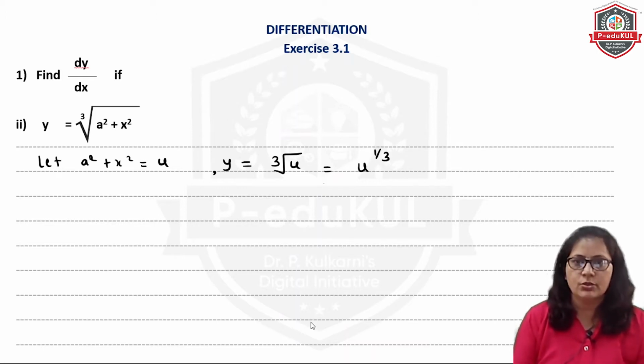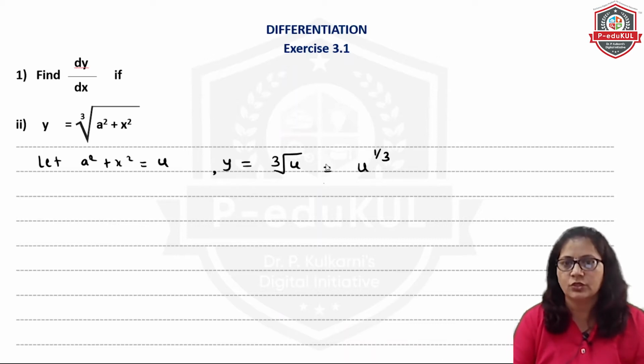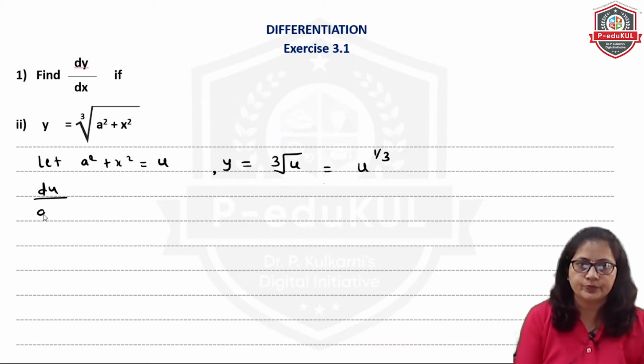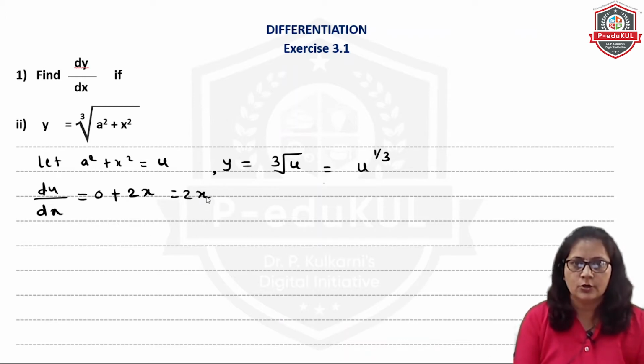So now my job is to differentiate this y function with respect to u and the u function with respect to x. So first I will find du by dx. Now a square is a constant, and its derivative with respect to x will be 0, and the derivative of x square I will get as 2x. So du by dx is equal to 2x.